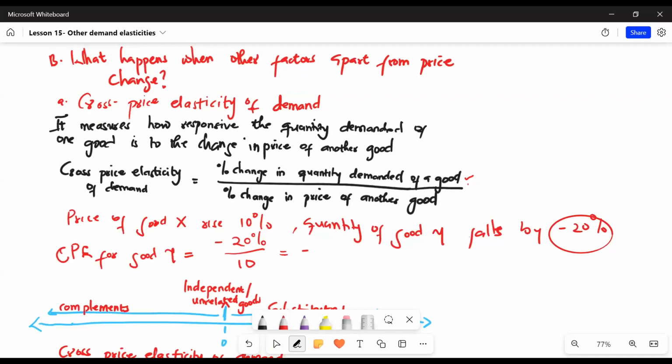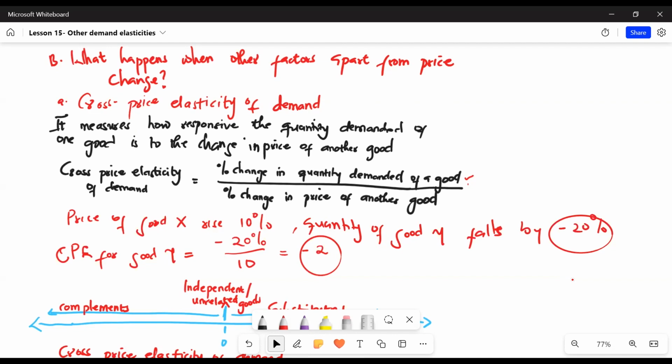So this will give us minus 2. What this means is that if the price of good X rises by 10%, quantity demanded of good Y will fall by 20%, leading us to a cross price elasticity of minus 2.